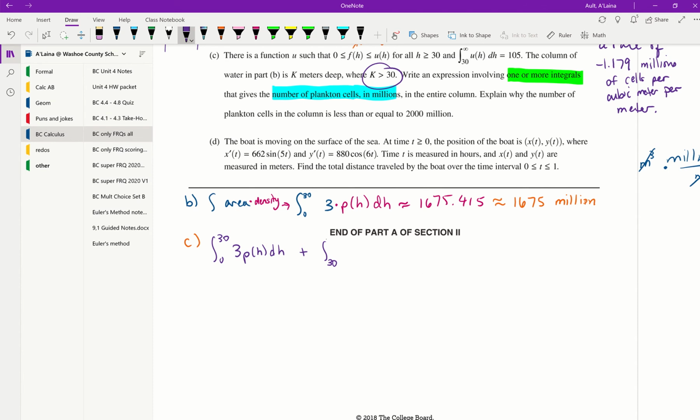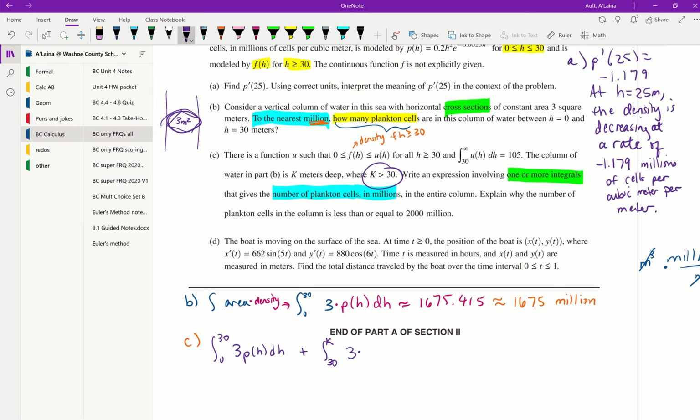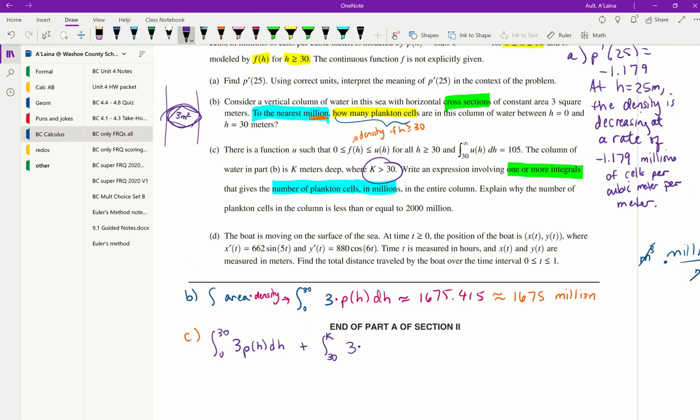I just know that K is what that height is being represented by. And there are still known cross sections of 3 for the entire length of the column. But now we can't use H or P anymore to talk about the density. They said that once we start getting to heights higher than 30, the density is actually F. We have no information for F.